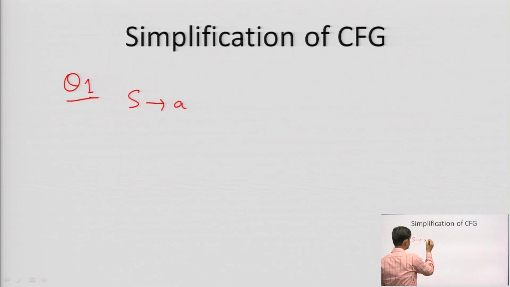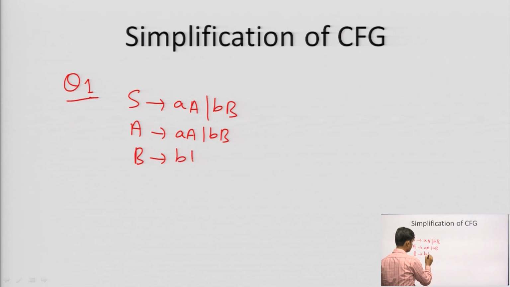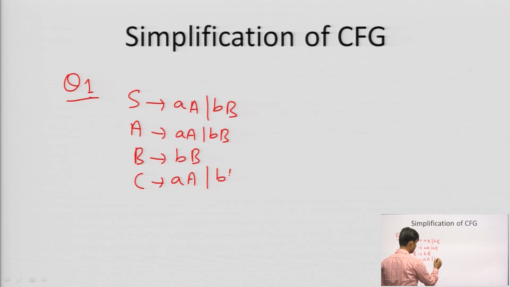So, here is a question given: S to A B, A to A and B, B to B, C to A and B, C to B. So, this is the grammar given.